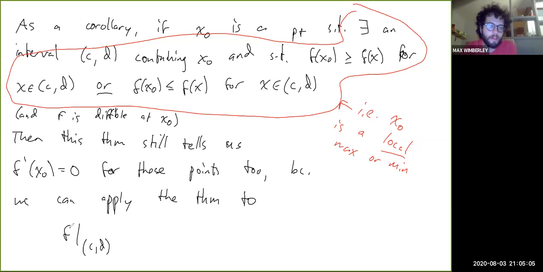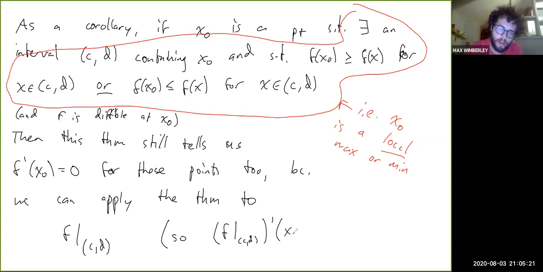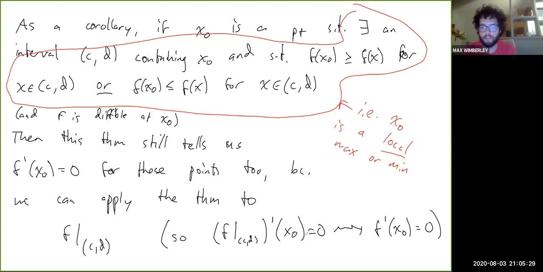So the theorem tells us that the derivative of the restriction, f restricted to CD, prime at x naught equals 0, and that tells us that f prime of x naught equals 0 as well, because they're the same.